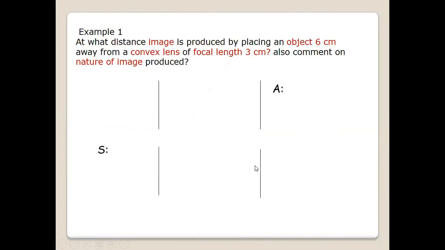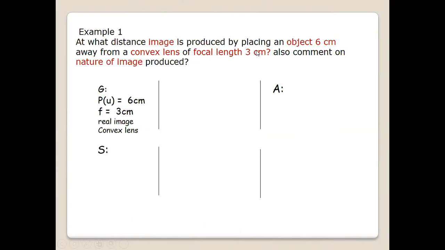So what is the first example? The first example is: at what distance is the image produced by placing an object 6 centimeters away from a convex lens? Now for the given, object distance is given as 6 centimeters, the lens is convex, which means that real images must be produced if the object is outside the focal length.